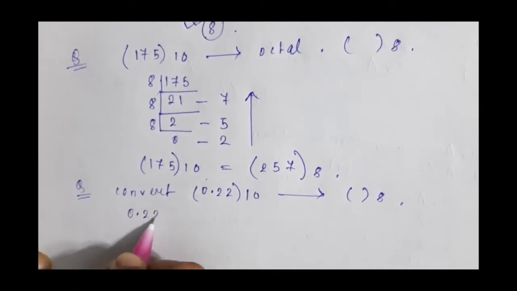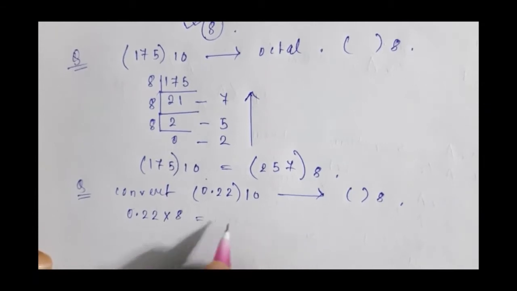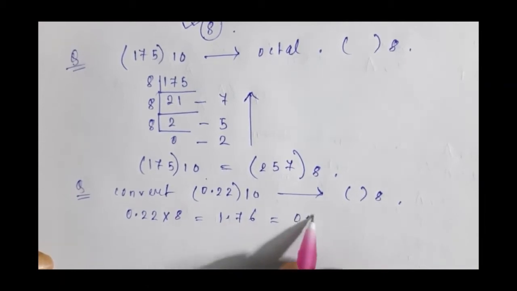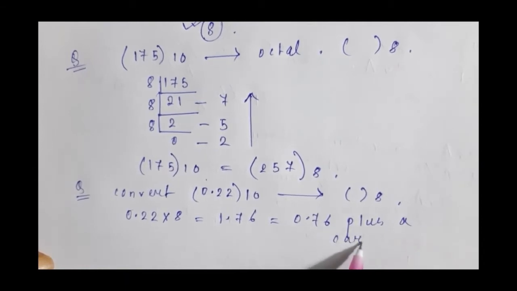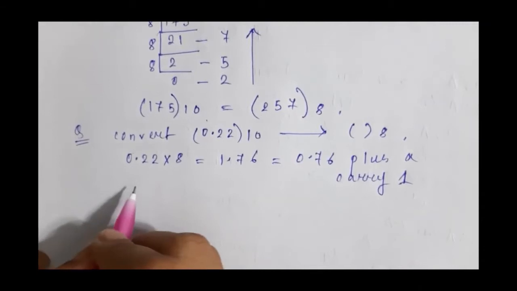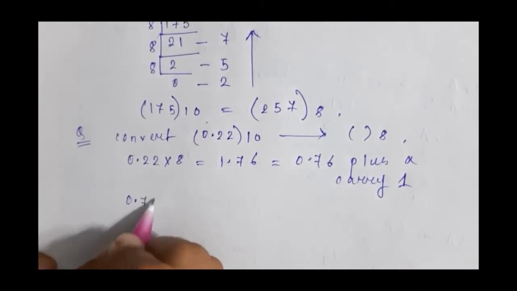So multiplication with 2, but instead of 2 here we will use 8. So this will be 1.76, where we will take 0.76 and carry 1. This is absolutely the same as the decimal to binary conversion.